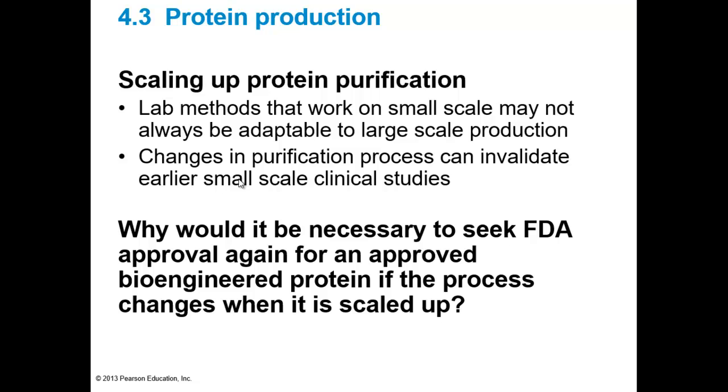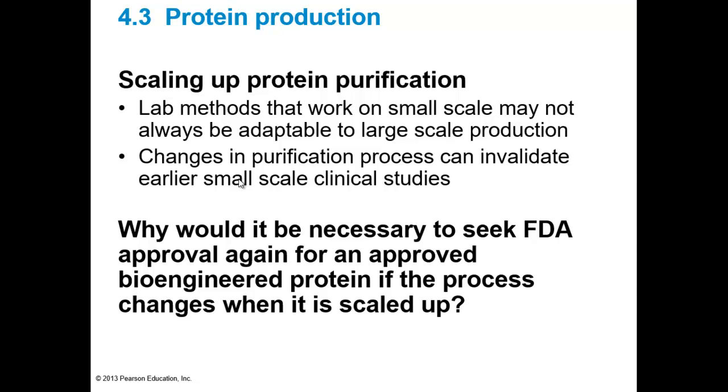So why would it be necessary to seek FDA approval for a bioengineered protein that's already been approved if the process is changed or scaled up? And this is where you have to remember, if the process has changed, then there is a possibility that you've altered the protein structure.